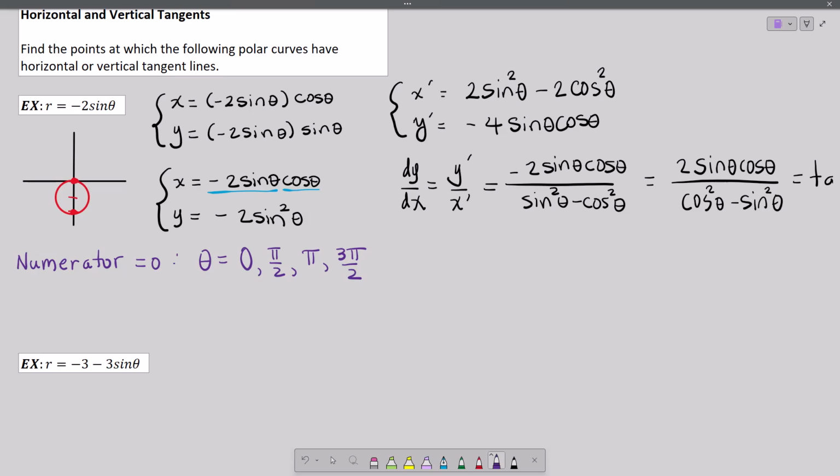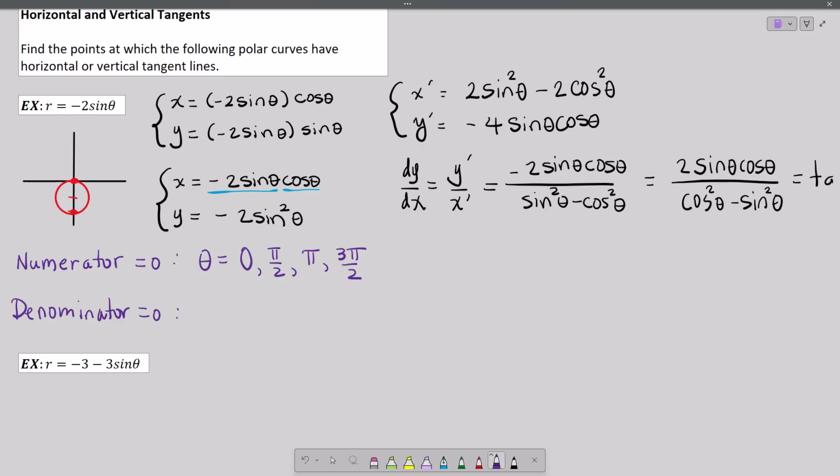So everybody agreed that that's where the numerator is 0? All right, so sine is 0 here, cosine is 0 here, sine is 0 there, cosine 0 down at 3 pi over 2. Now the denominator. Now we look at the denominator equal to 0. That's going to be when sine and cosine have the same magnitude. You agree?